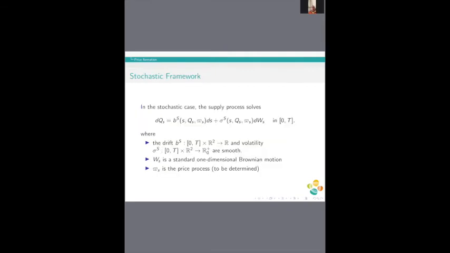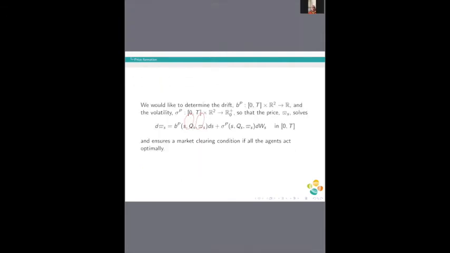Okay, so another interesting case that I'll address later on is the stochastic case. Instead of having a supply that's deterministic, we have a supply that evolves by a given diffusion, and this diffusion depends on the supply itself and on the price, which is an unknown. What we want to find again is a price that's given in feedback form and ensures a market clearing condition, ensures that supply meets demand.